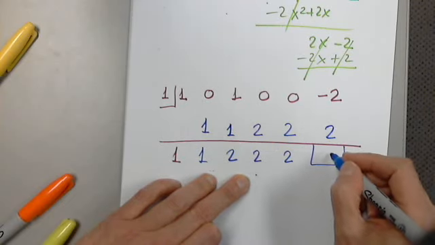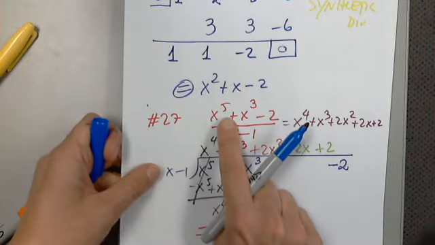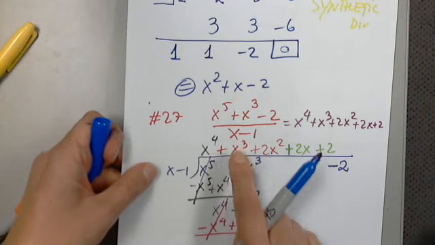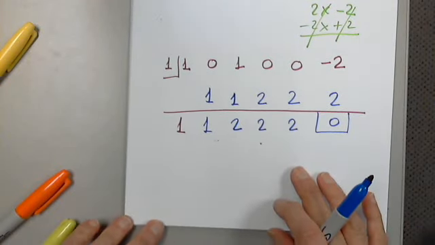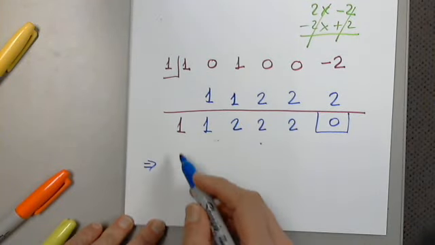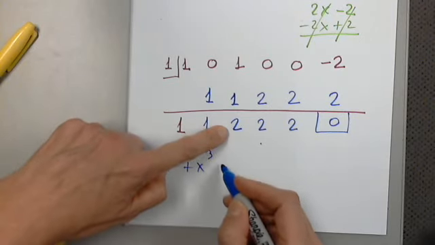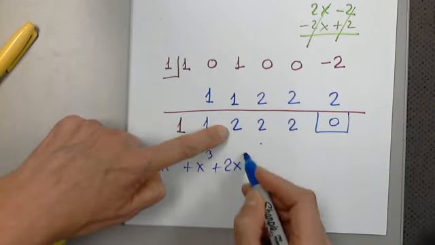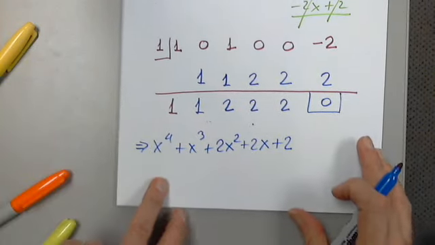Box in. Good. So the top has degree 5. The bottom has degree 1. So then the quotient has to start with which degree? 4. So then the answer will be x to the 4th. If you want, but that's not necessary.